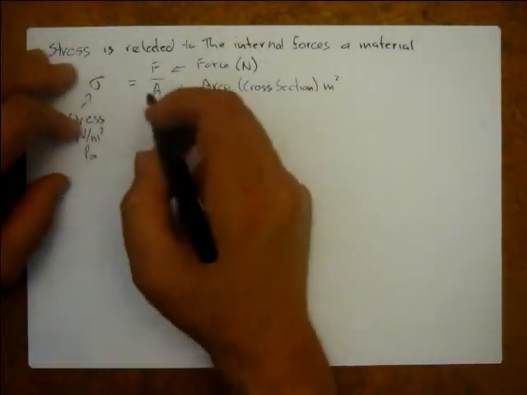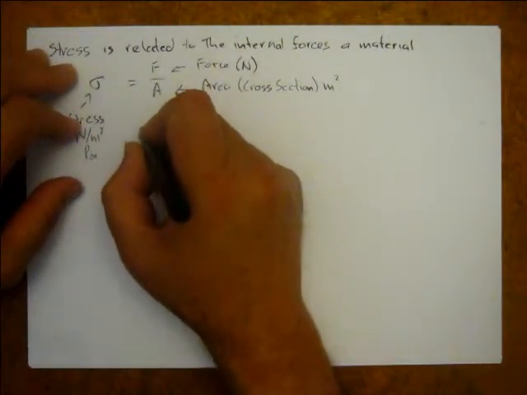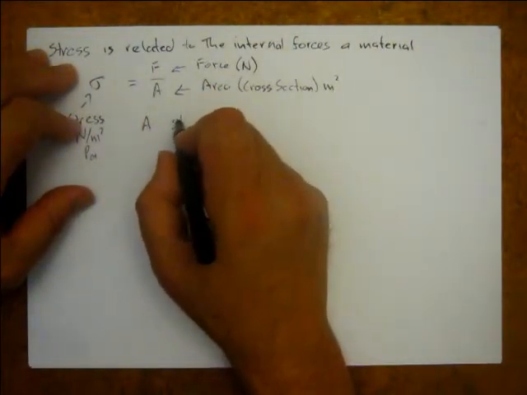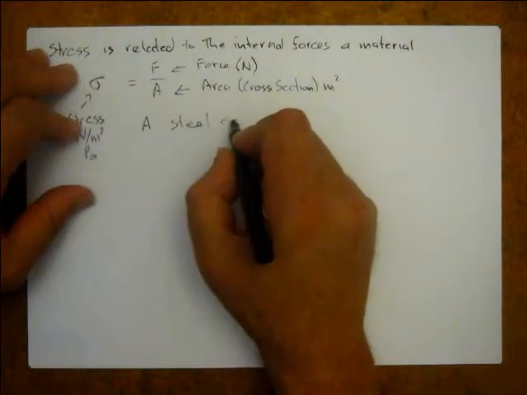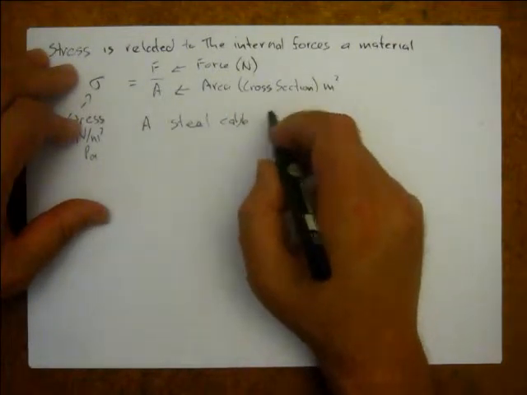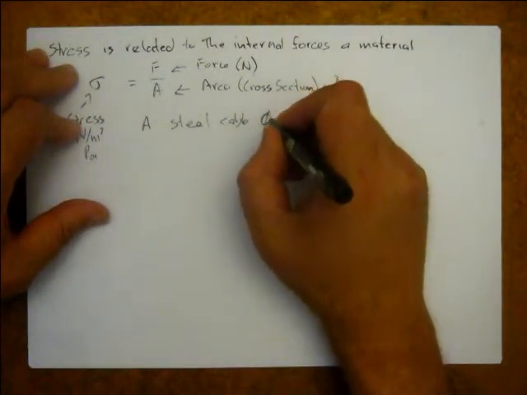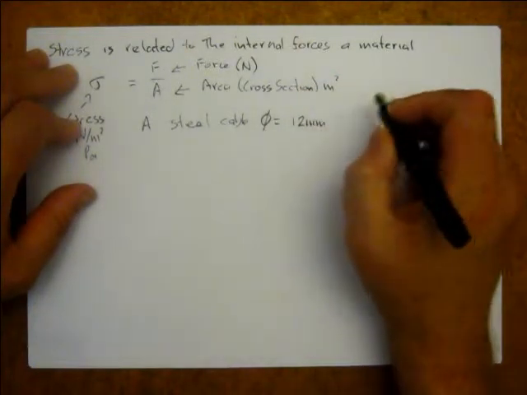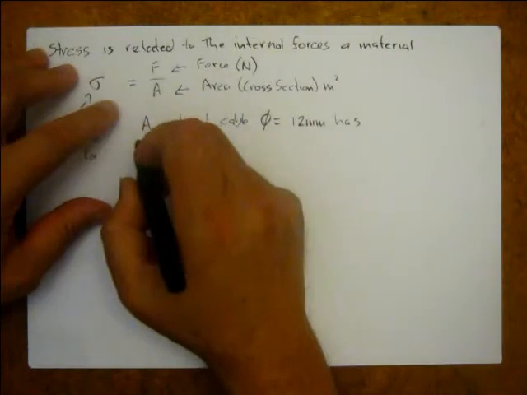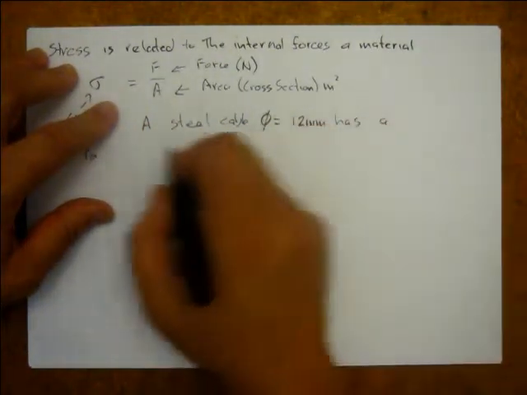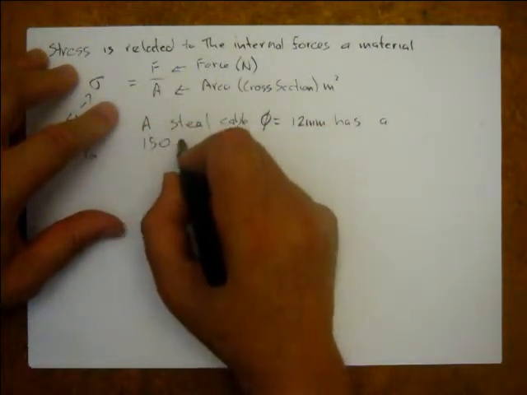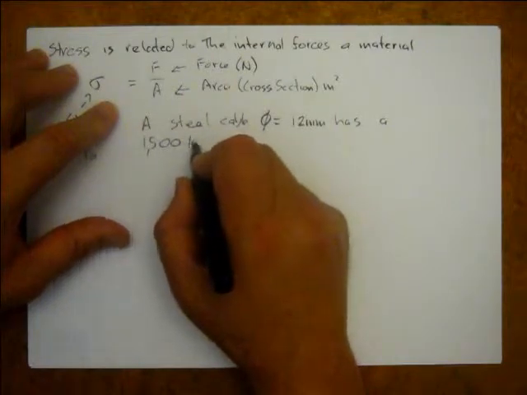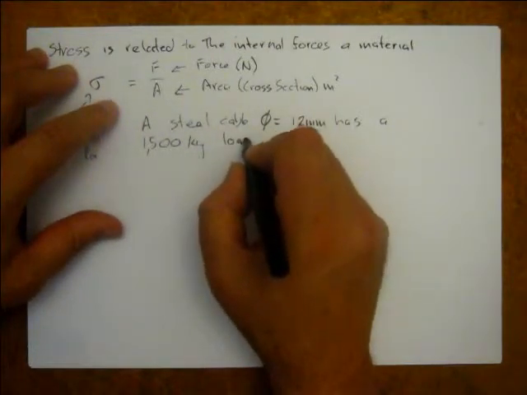So let's do an example. A steel cable, diameter equals 12 millimeters, has a 1500 kg load hanging from it.